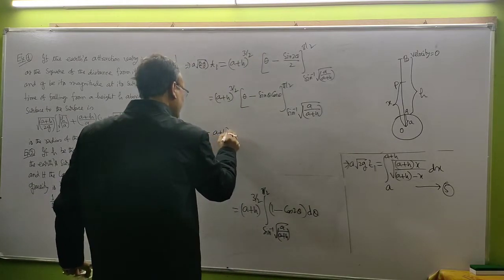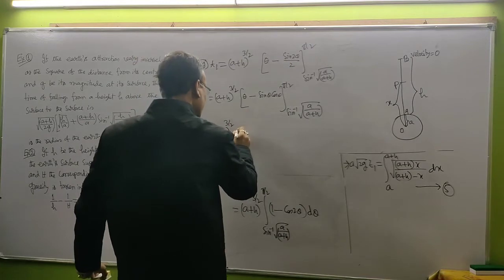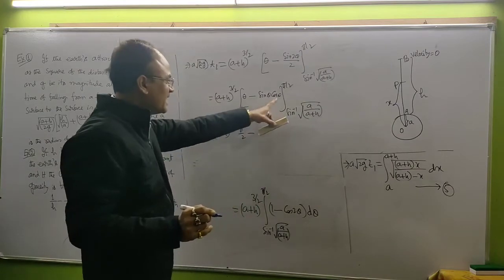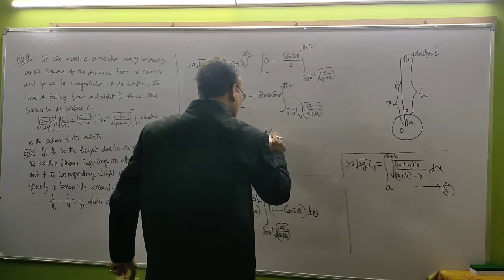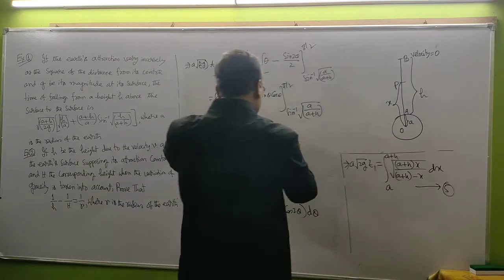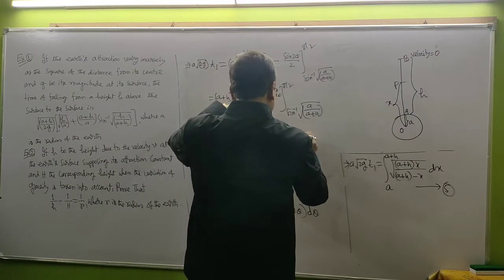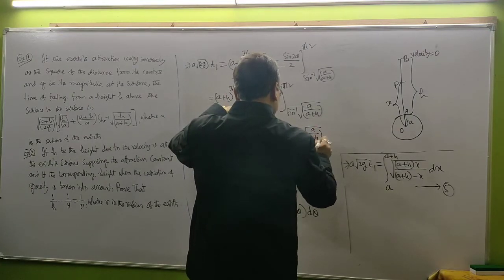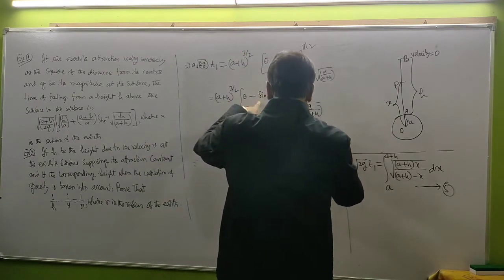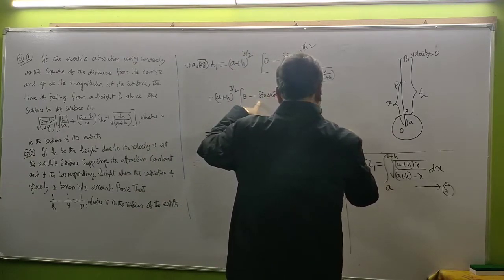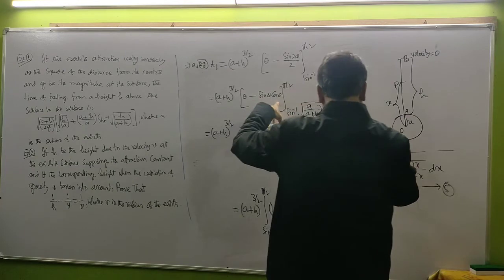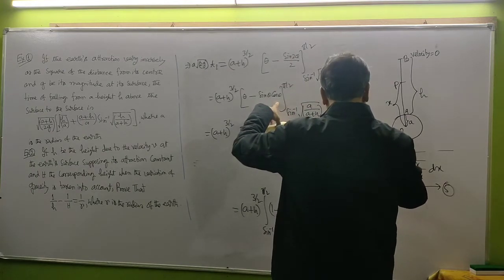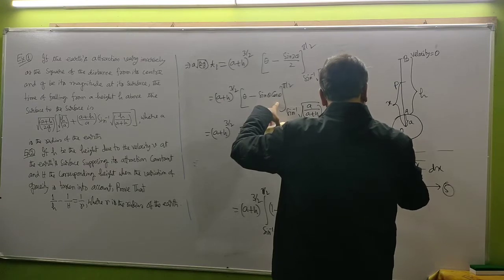This is equal to a plus h whole to the power 3 by 2. Write the pi by 2 here. Pi by 2 minus, it will be sin pi by 2 is 1, cos pi by 2 is equal to 0, minus sin inverse under root a divided by a plus h, plus sin of sin inverse under root a by a plus h times cos of sin inverse root over a by a plus h.